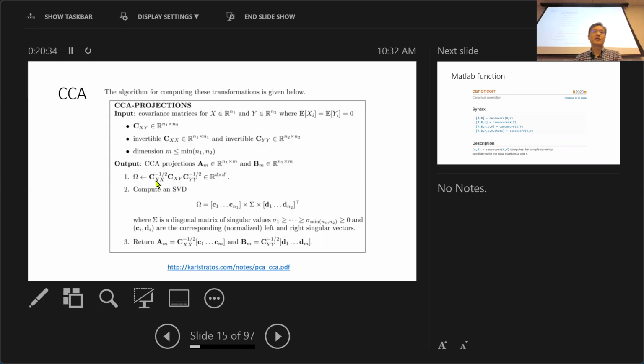Then you compute the covariance matrix, a kind of compound covariance matrix here, and then use SVD to identify those. These are called the singular values in the sigma here. There are singular vectors, which you can use as a rotation matrix to rotate your data. Okay.